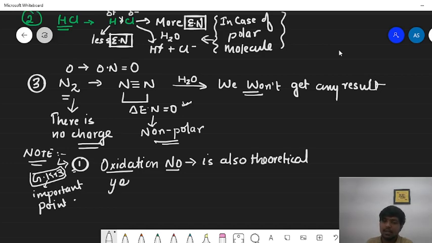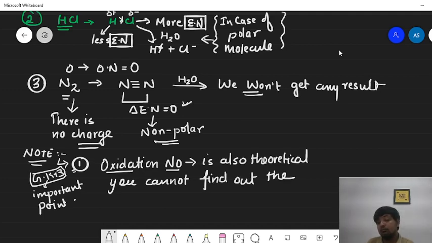You cannot find out the oxidation number experimentally.